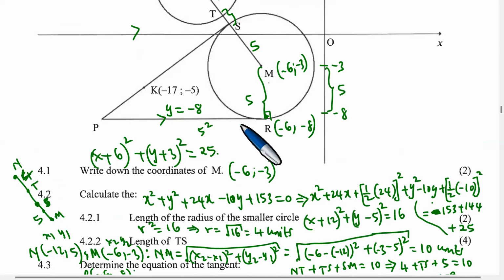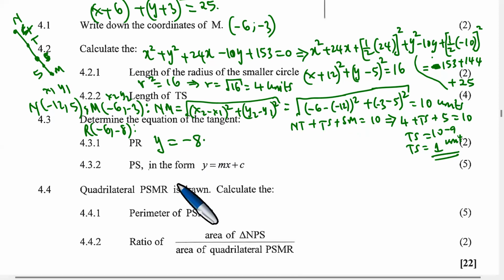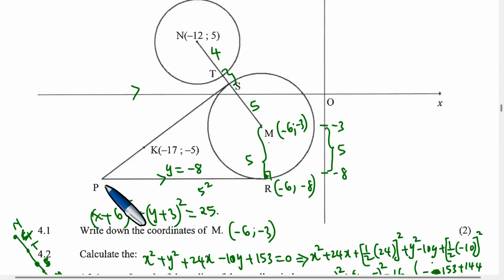The next thing is to find, as well, the next question: the equation of the tangent PS. Okay, obviously PS passes through the point K. So if it passes through the point K, we can easily determine that, as long as we can find a couple of things, like the gradient of the tangent.